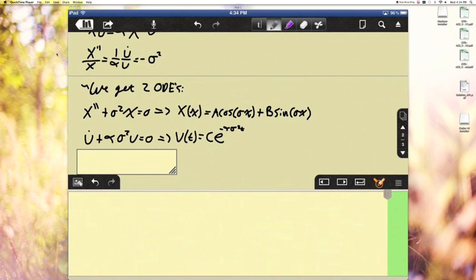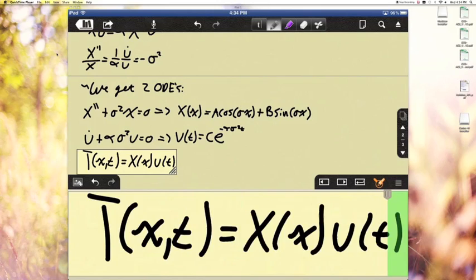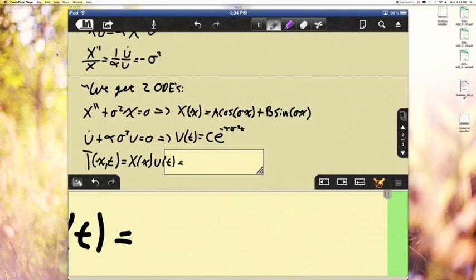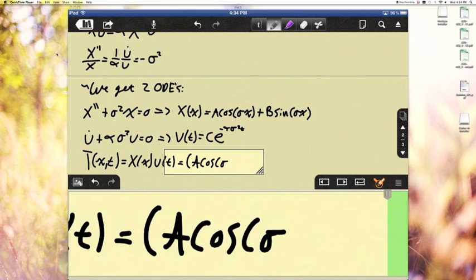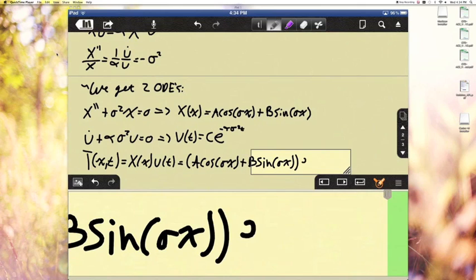So what we wind up getting is the temperature with respect to x and t is equal to X as a function of x, U as a function of t, is equal to, and I'm just going to reuse the variables a and b, a cosine sigma x plus b sine sigma x e to the negative alpha sigma squared times time.